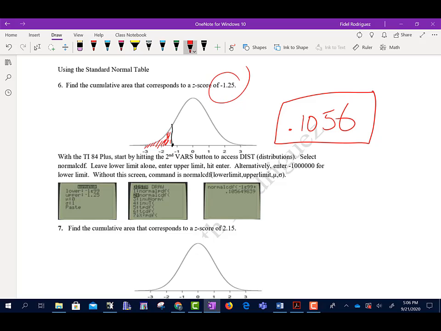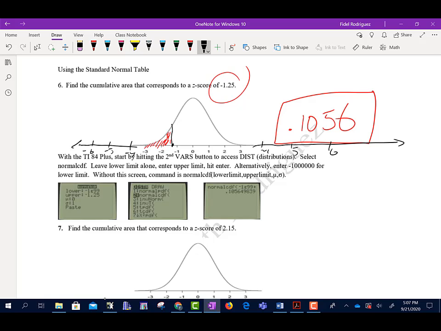There's a way I can do this on my calculator. So I want you to think about my x-axis for a minute. Here's my x-axis. Notice this is negative 3, negative 4, negative 5, negative 6, and so on and so forth. And this would be 4, 5, 6, and so on.